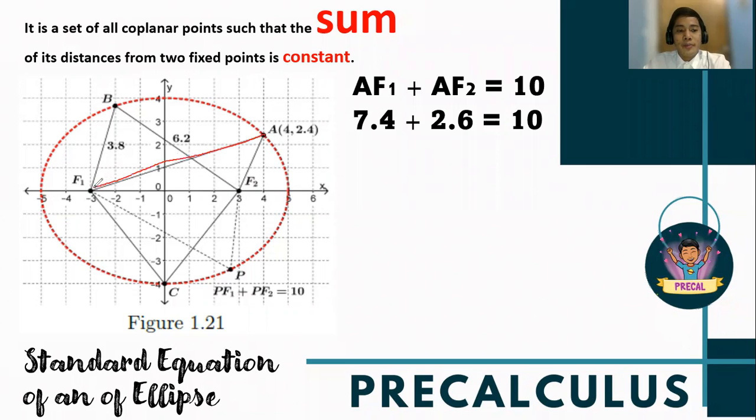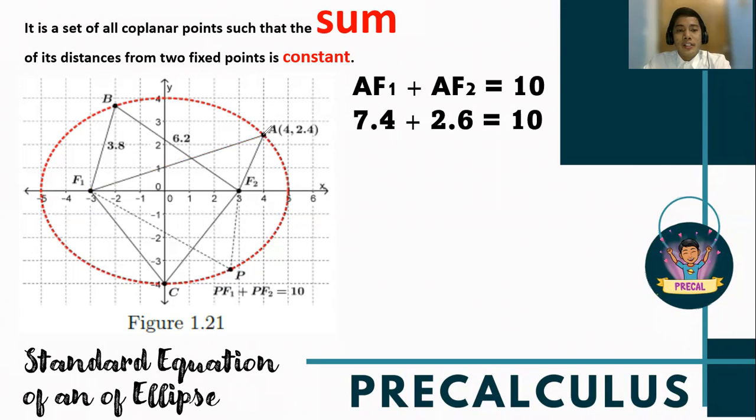Using the distance formula, since F1 has coordinates (-3, 0), we subtract the x values: the square root of (4 minus -3) squared plus (2.4 minus 0) squared. We will get 7.4. You can check using your calculators.